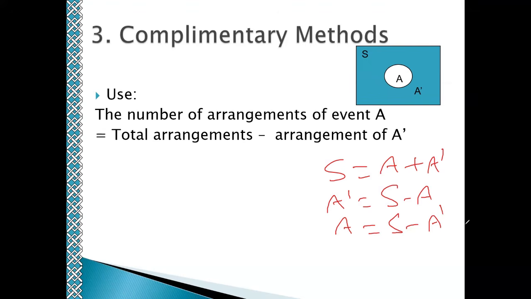So this is the complementary method, used to get answers for 'not'. We calculate the total number of ways, and the number of ways together; the difference is not together.